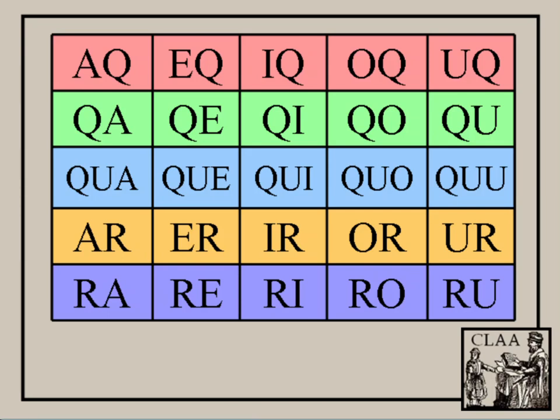Keep practicing these syllables. The consonant ku can be very difficult, especially when it's followed by a u and another vowel. And also, practice with the consonant R, because that pronunciation can be difficult.